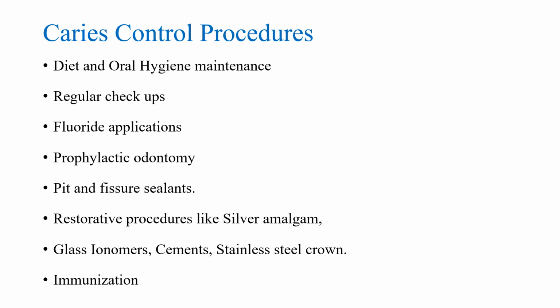Coming to caries control procedures: first and foremost is diet and oral hygiene maintenance, then regular checkup, fluoride applications, prophylactic odontomy, pit and fissure sealants, restorative procedures like silver amalgam and glass ionomer cements, then immunization.